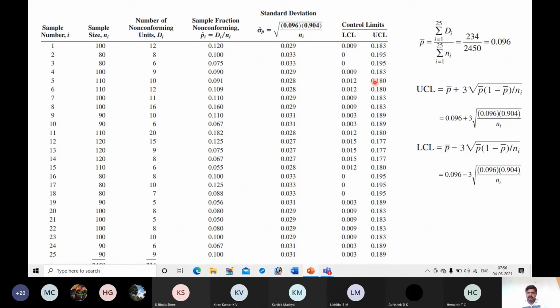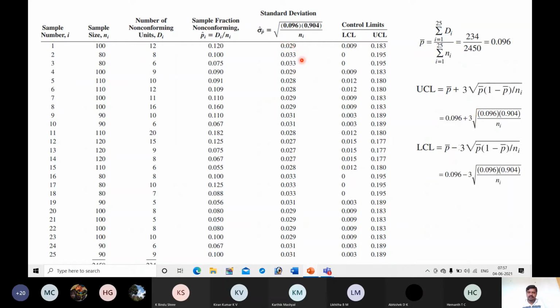The upper control limit is 0.096 plus 3 into, for example, 0.029. The lower control limit is 0.096 minus 3 into 0.029.